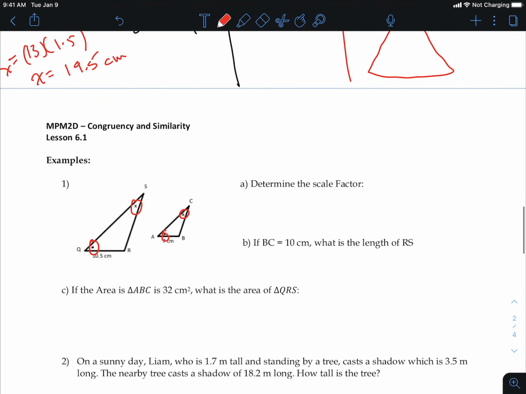So I know that the triangles are similar. Let's determine the scale factor that we discussed in the last question. How am I going to do that? We've got to identify shared side lengths, or similar side lengths. I see a 10.5 here, and I see a 7.